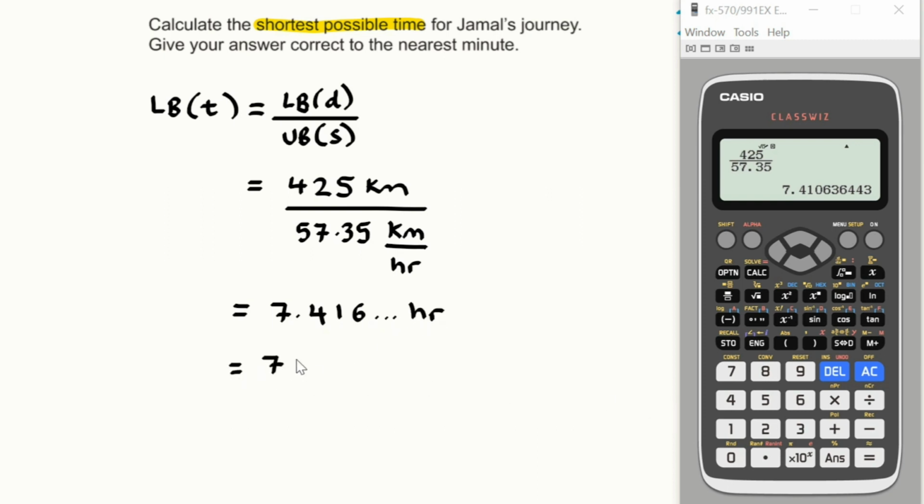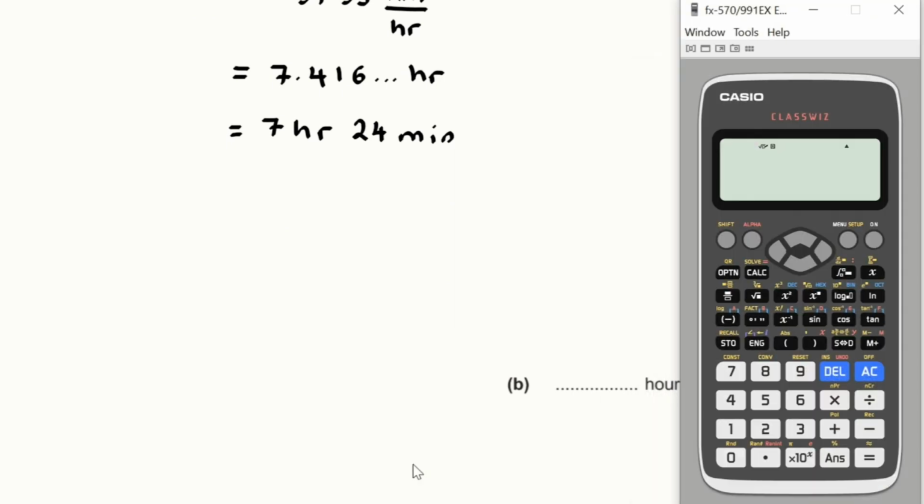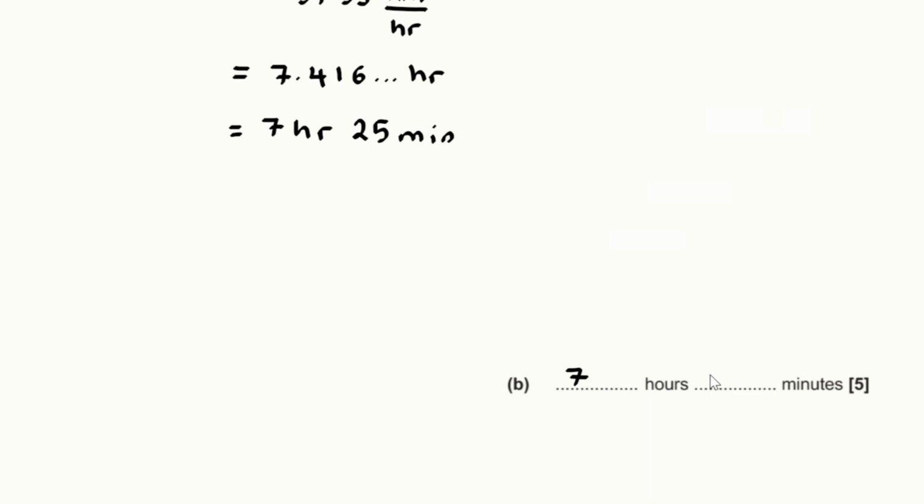So that's equal to 7 hours, and this 0.4 etc. hours, if I times that by 60, I get 7 hours 24 minutes. Well, it did say to the nearest minute, so let's round that up. So we've got 7 hours 25 minutes.